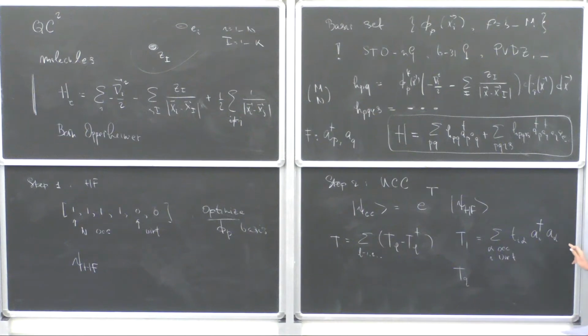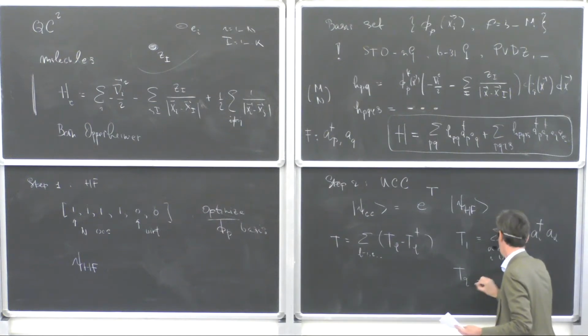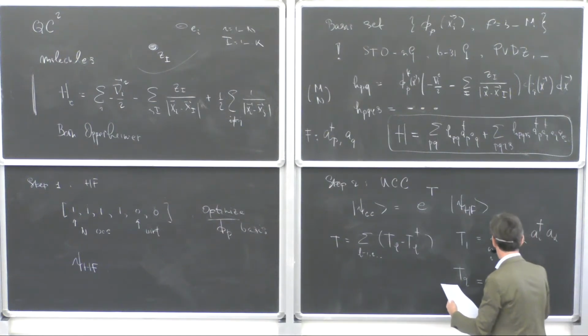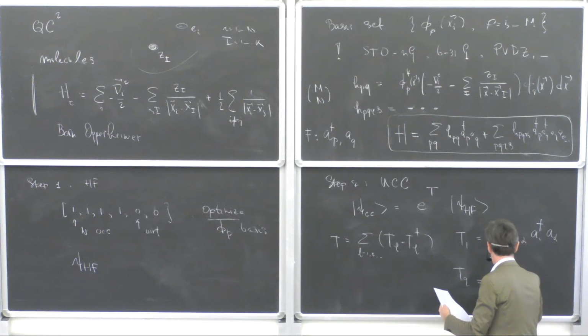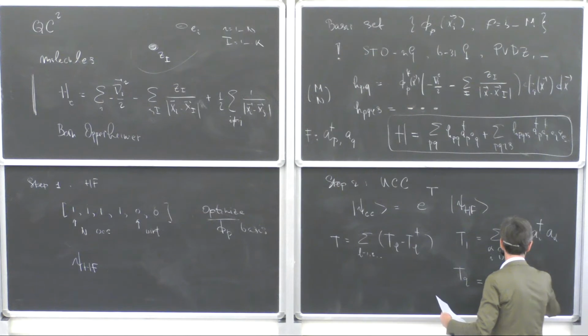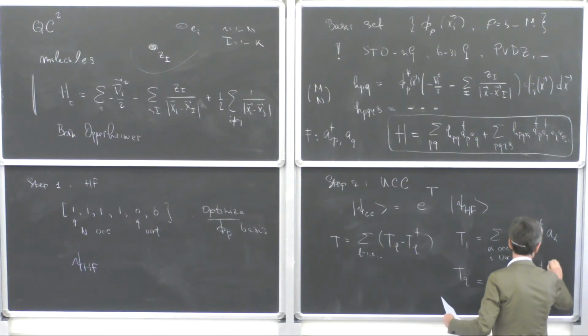And I simply put my particle from here to there, and I give it some angle, if you wish, some parameter in front. So that's T1, and then T2 is the same thing, but doing it with 2 particles. So now there's an alpha and a beta in occupied, and there's an i and a j in empty, in virtual, and I do T_ij^alpha beta, and I do a-dagger a-dagger a a with alpha beta i j.